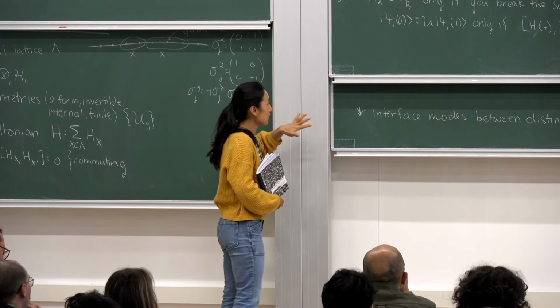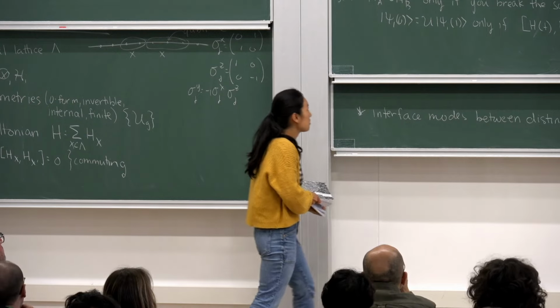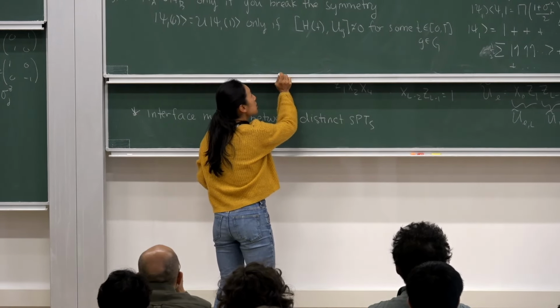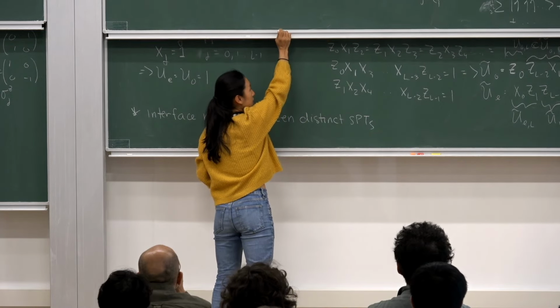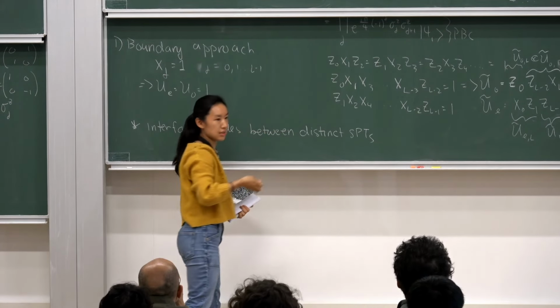I'm not going to go through all the details, but maybe you can convince yourself that, from the perspective of interpolating between the states, there's no interpolation between these two states that maintains the symmetry.